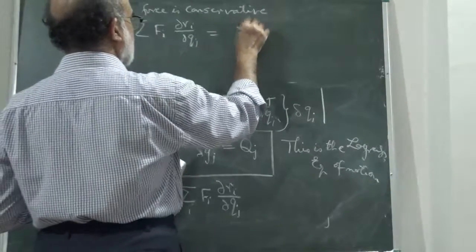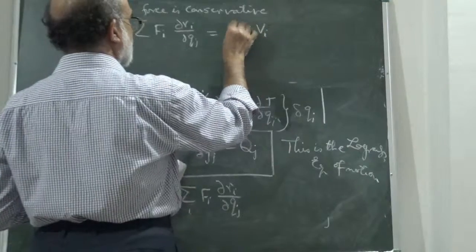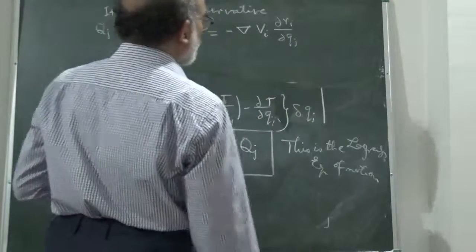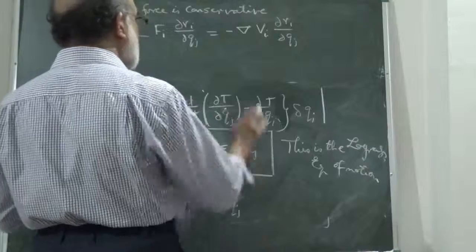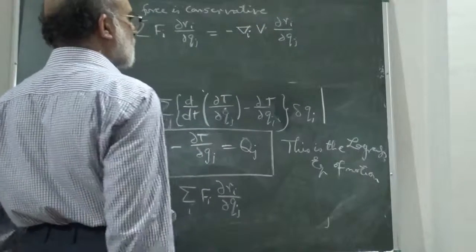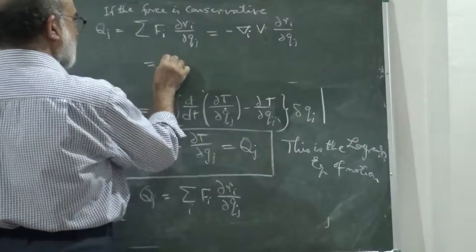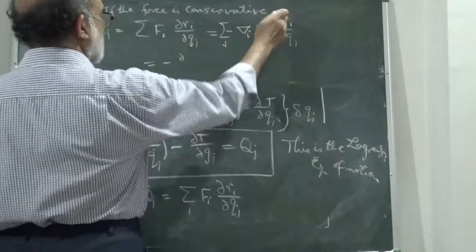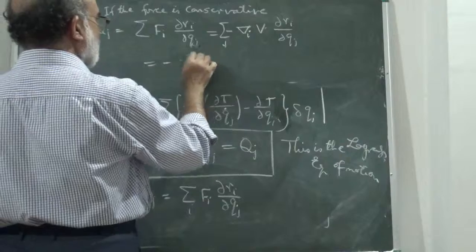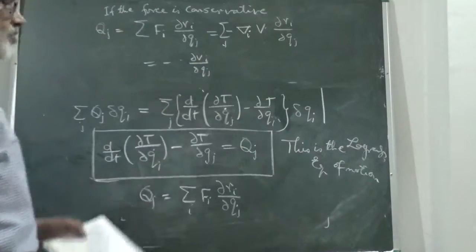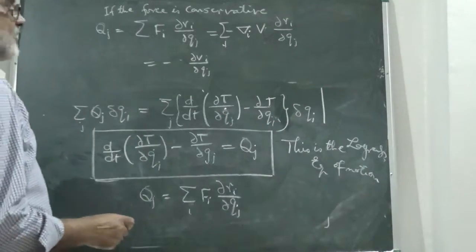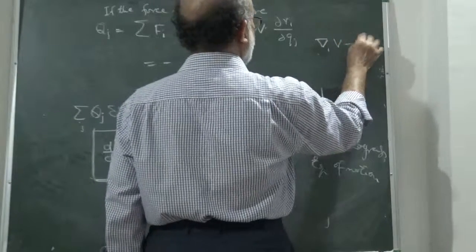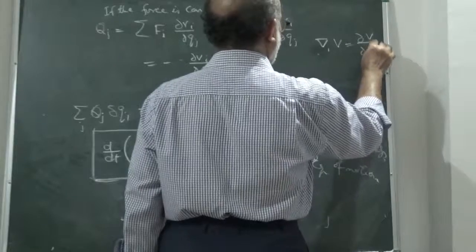It means if this is the potential V, this is minus summation over j, it will be simply delta V by delta qj, because delta ri V means delta V by delta ri.